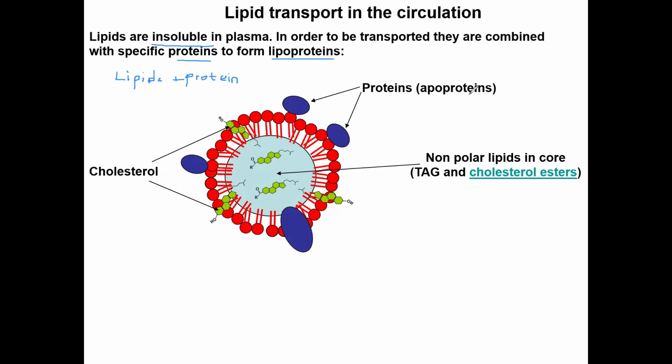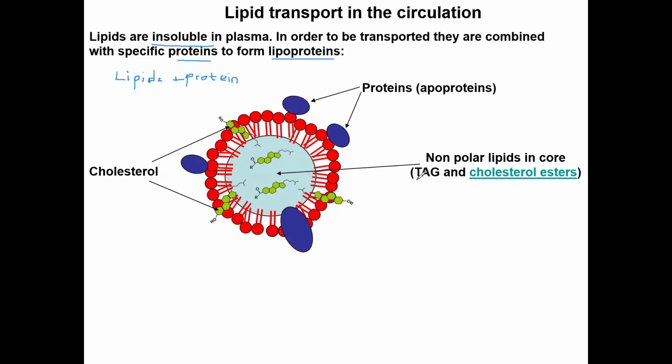The proteins are called apoproteins and they are usually attached to the surface of the lipids. And of course, we have cholesterol and then we have non-polar lipids. Generally, the non-polar components are found in the core, that is, inside the lipoproteins.